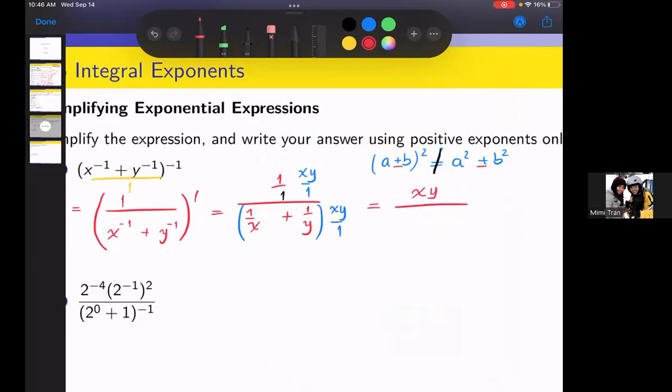In the denominator, if you distribute that blue xy into one of the terms, what do you have? Yeah, xy over x, which is y. And then xy over y, which is x. And you're done. You can write it as x plus y, does it matter?